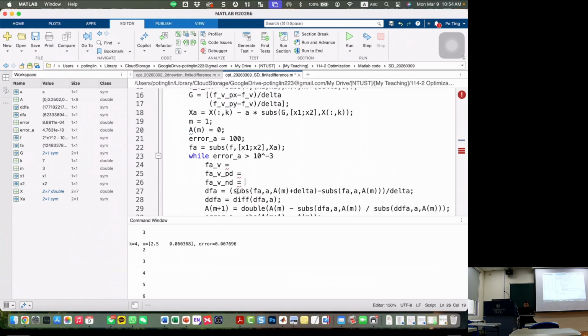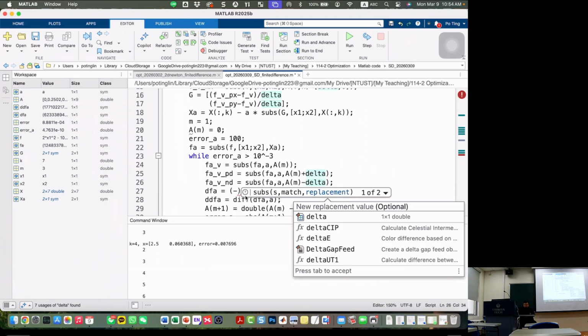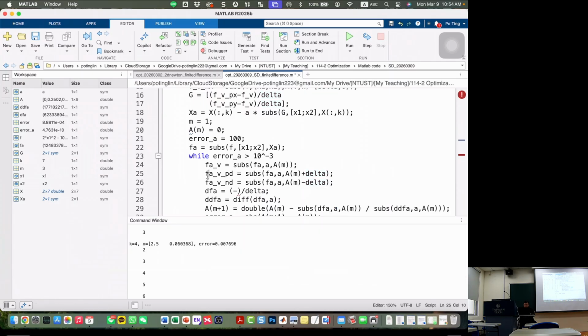So this is with positive delta here, and this is without increment of delta. And over here, I need one for negative. So positive delta minus the function value here.